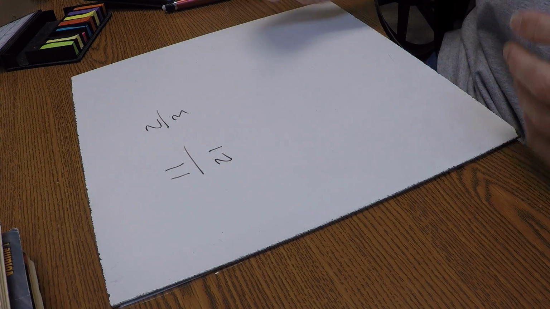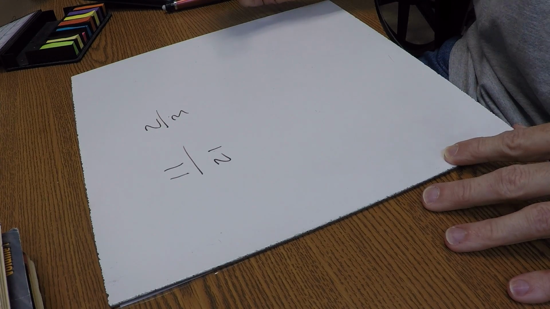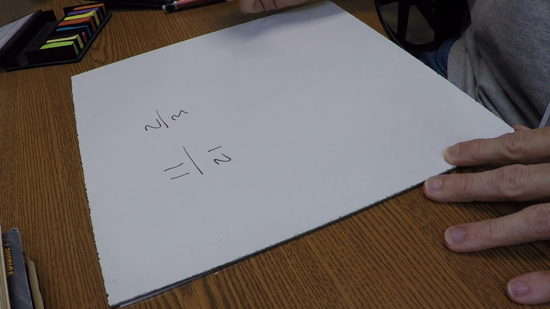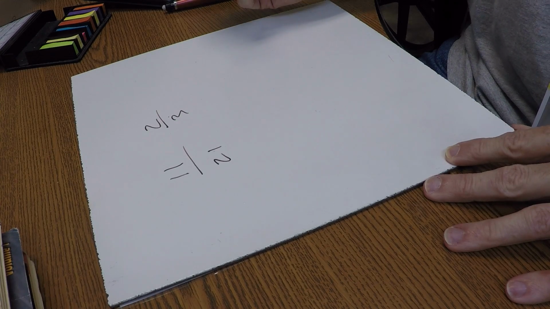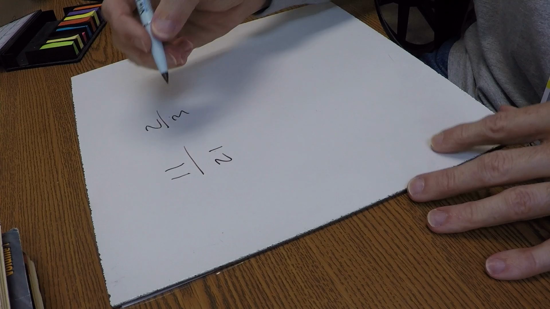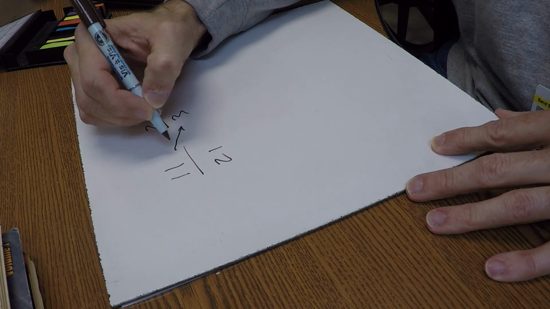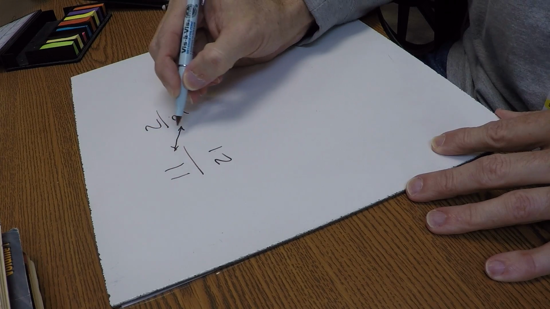Well, you may not have an idea where to start, but let me give you a reminder of one way that I like to do it. A good term would be cross multiplying.